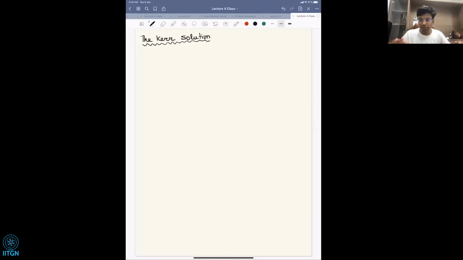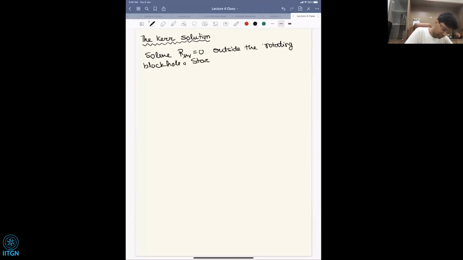So what we want to do is to solve R_mu_nu equal to 0 outside the black hole, outside the rotating black hole or star. Okay, fine. This is what we want.